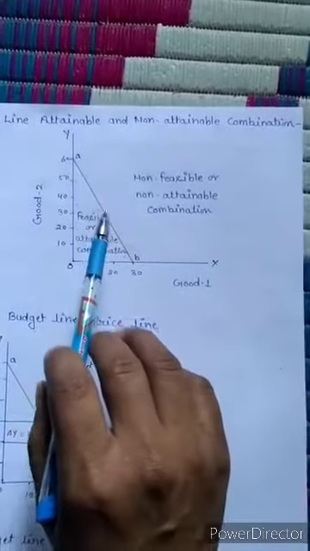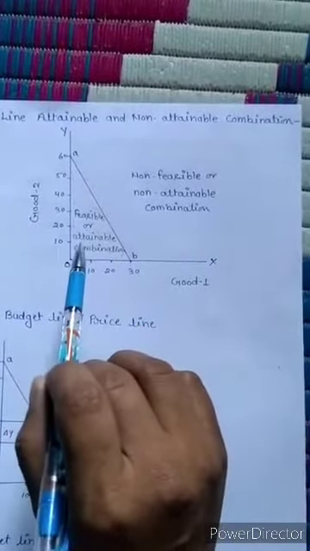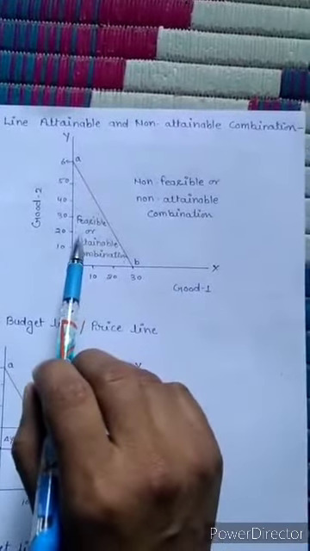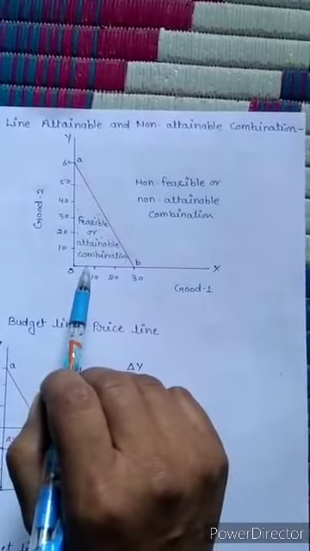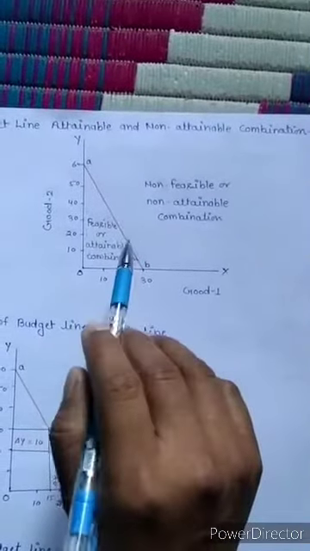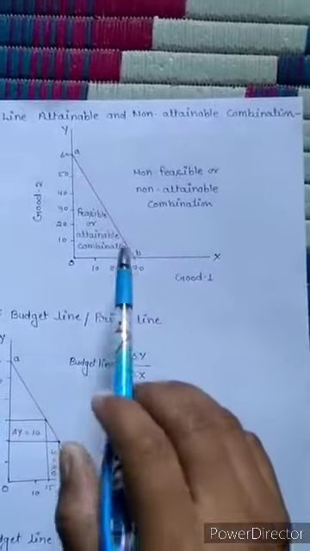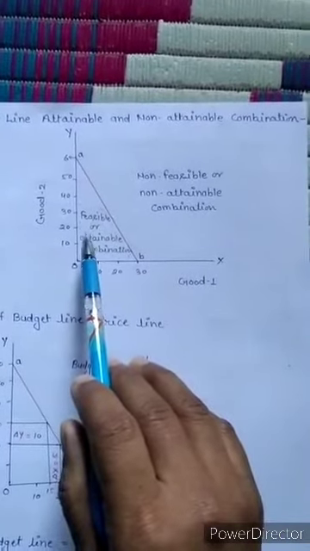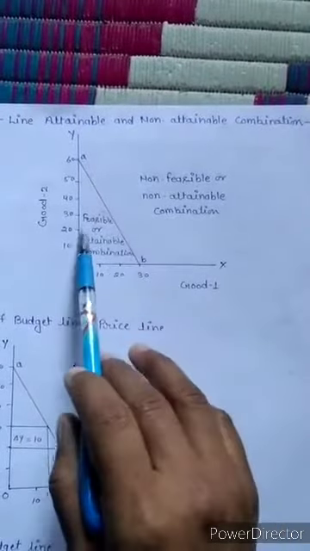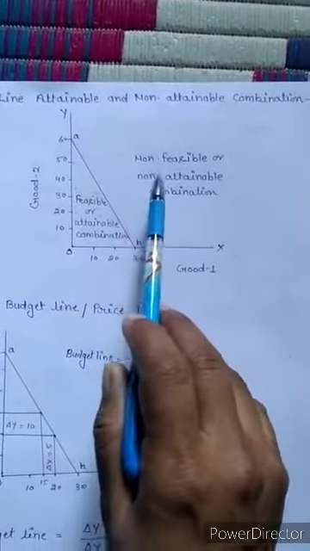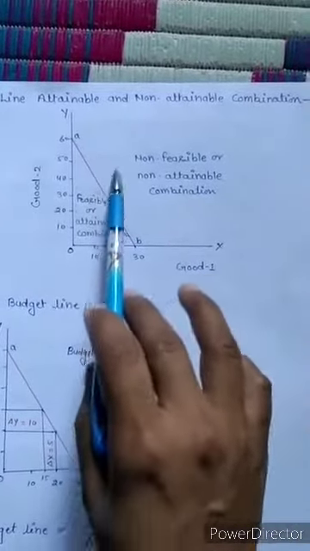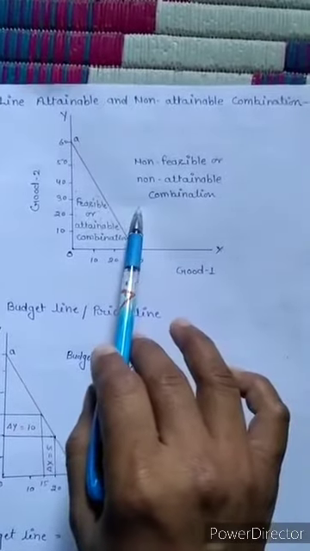Means all the points which are along the budget line, which consumer can afford or purchase, this is called the feasible or attainable combination, and beyond the budget line all the combinations consumer cannot afford or purchase because the consumer income is not enough to purchase those combinations. So beyond the budget line all the points are called non-feasible or non-attainable combination, and this region is called the non-feasible region.